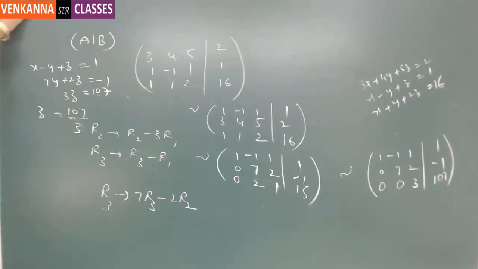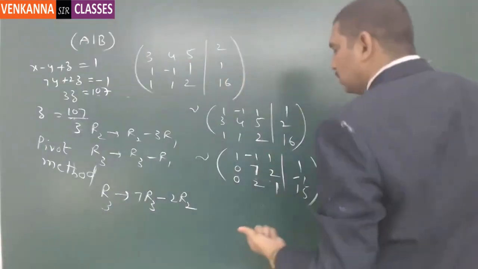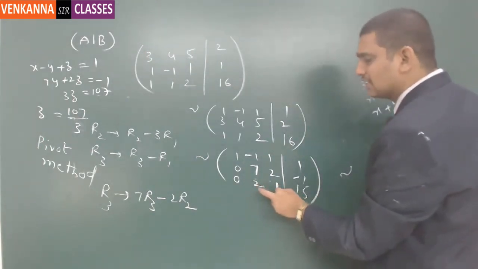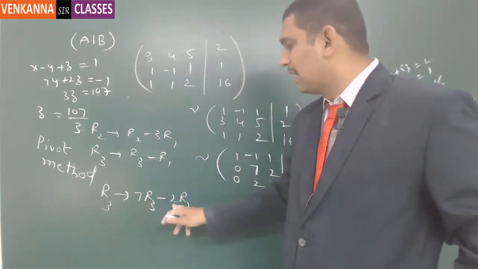But here we need to consider one thing, that the majority of the students will write the row operations like this. Gauss elimination is also known as the pivot method. It means that while applying a row operation, we will always use the pivot. What is meant by pivot? If you want to make this value 0, you have applied the operation as R3 tends to 7R3 minus 2R2.